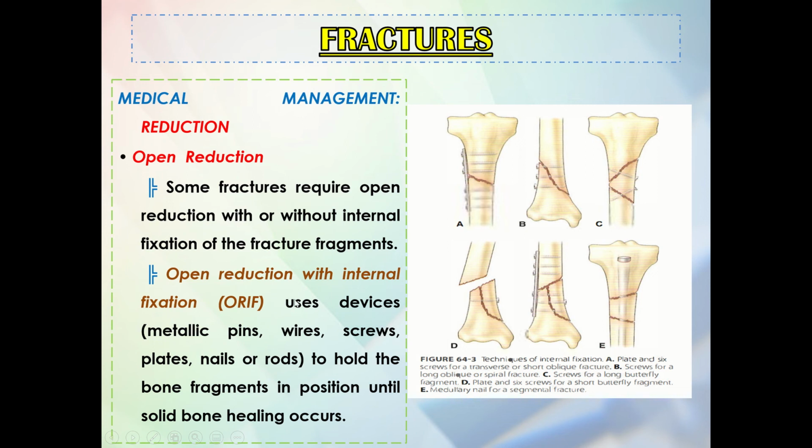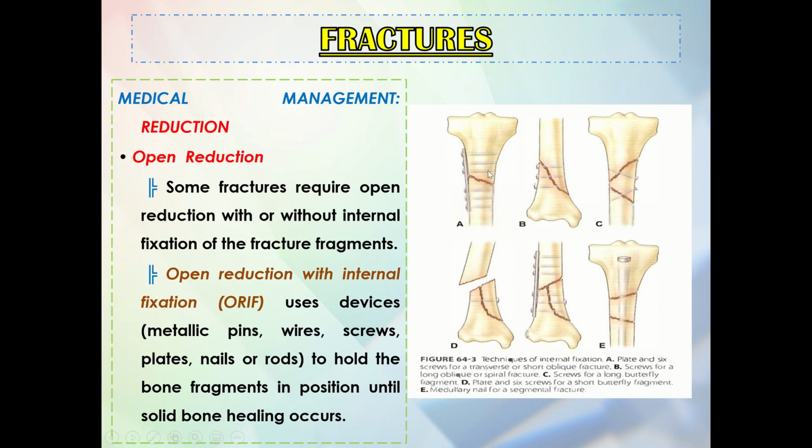Pero let's define first what is an ORIF. So open reduction with internal fixation. Although na-discuss natin siya previously, si ORIF, it uses devices such as metallic pins, wires, screws, plates, nails, or rods to hold the bone fragments in position until solid bone healing occurs. So open reduction, again, pwedeng with or without internal fixation. So in this case, meron tayong ginamit na internal fixation.